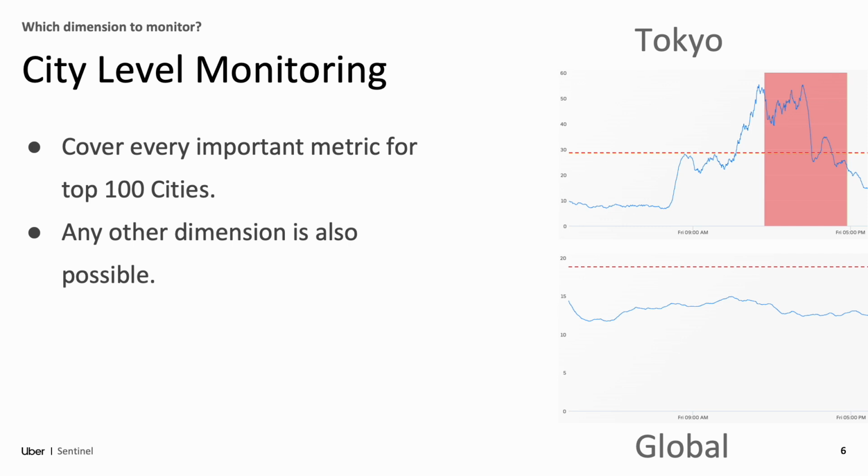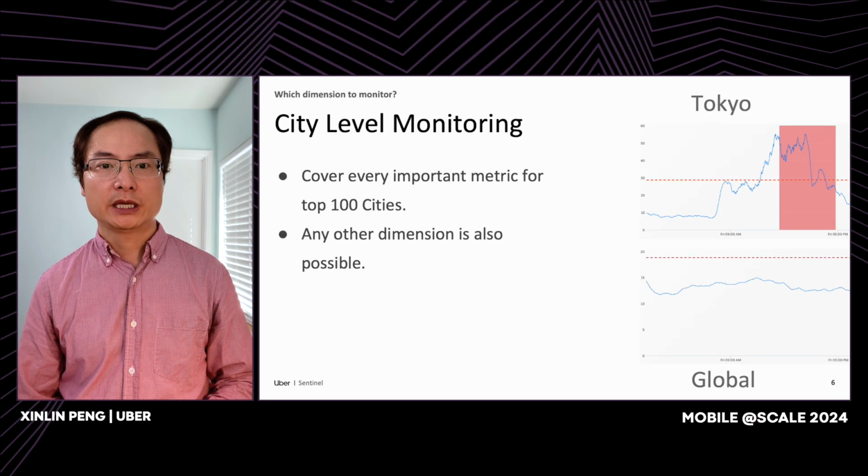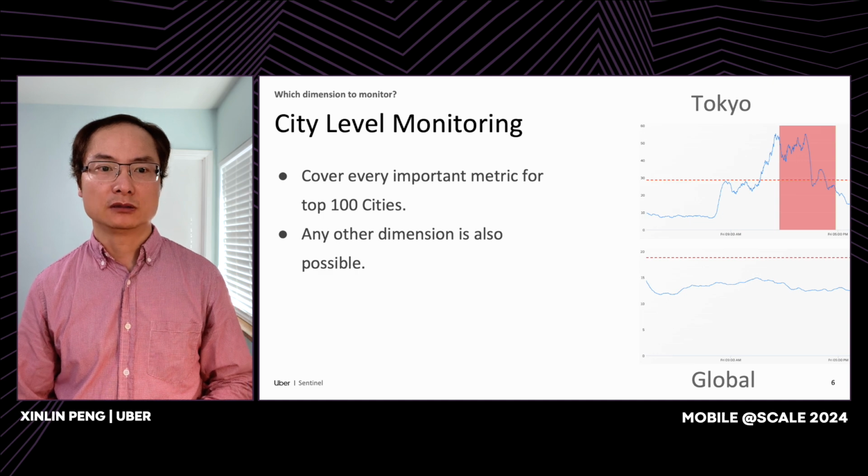We were still able to catch this issue without directly monitoring the taxi products. The system is extendable so that we can also monitor on any other dimension than city or combine city with other dimensions like platform as well.